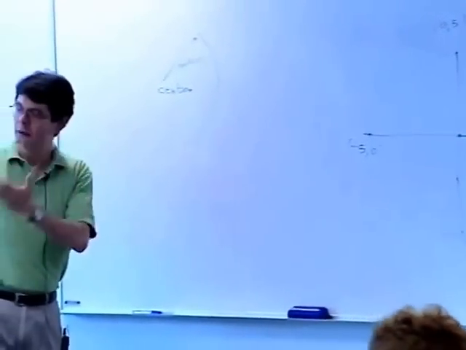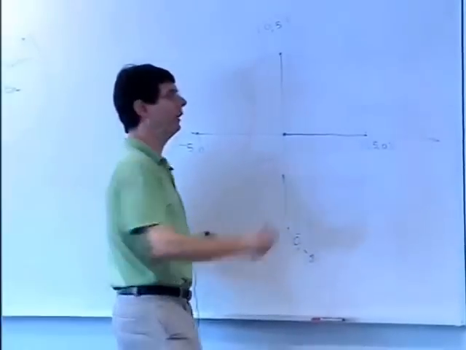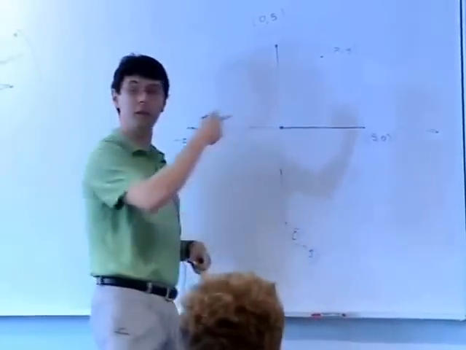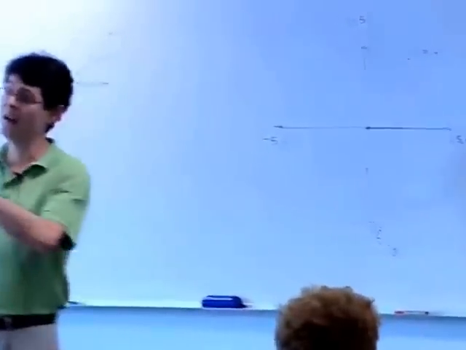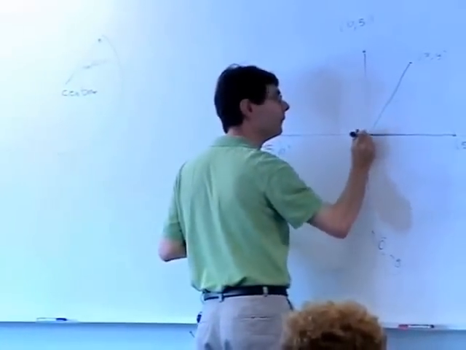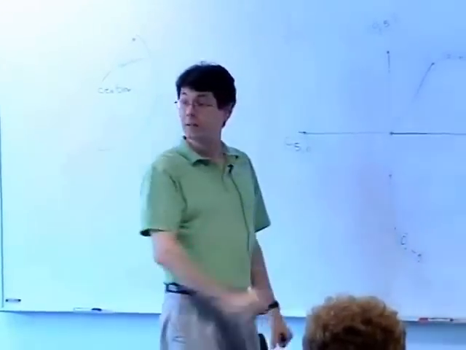Okay? So here's what Descartes does. He says, okay, pick a hypothetical point. This is x, y. I don't know what x and y are. It's hypothetical, right? They are variables. What do I know? I know that this distance here is 5.